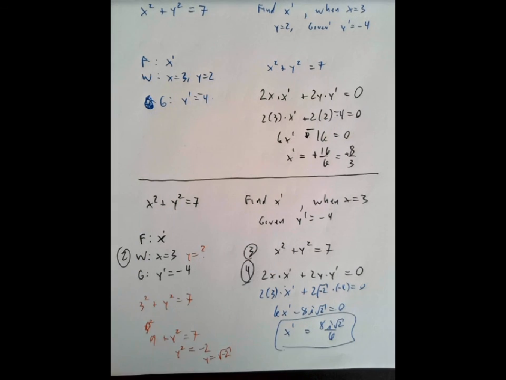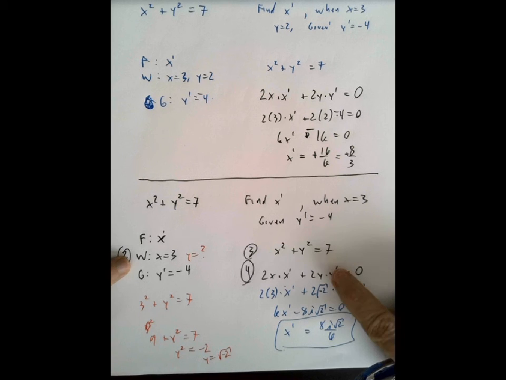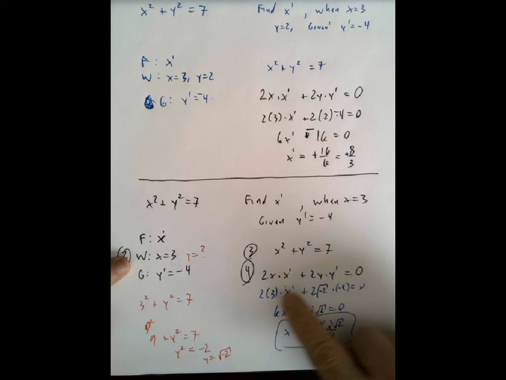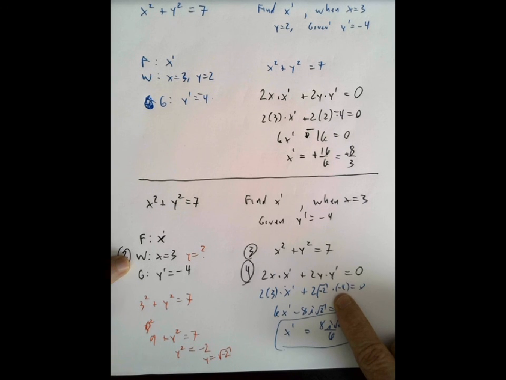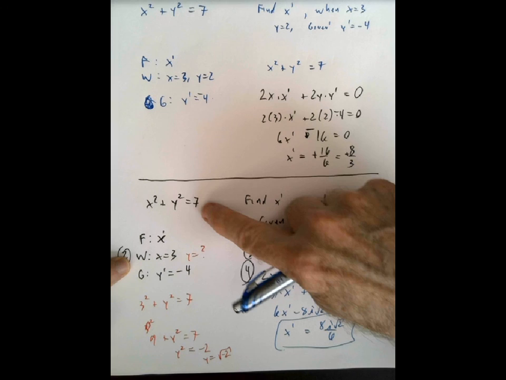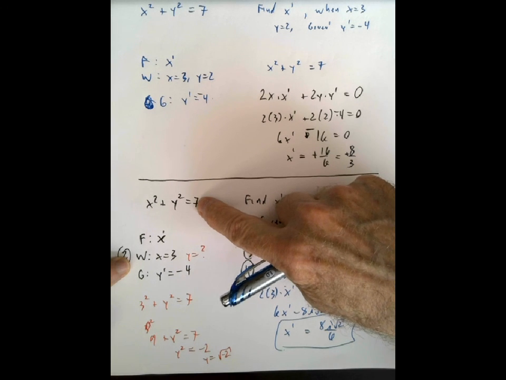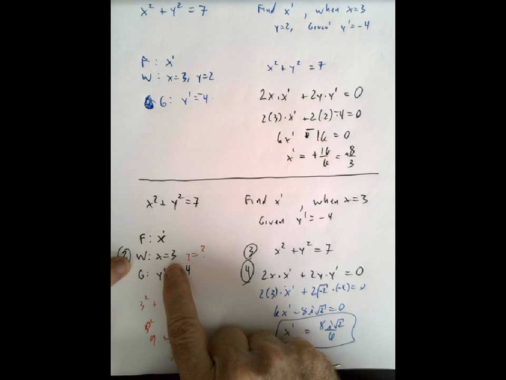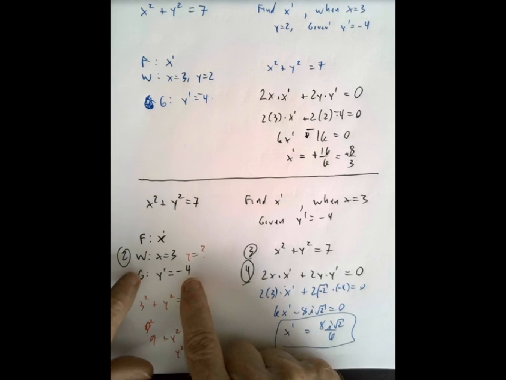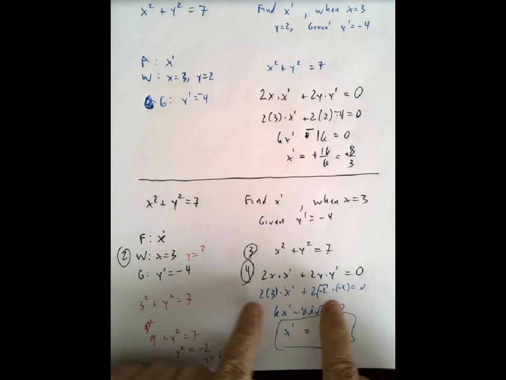The point is that sometimes in this step we're not given complete information to substitute everything. So what we'll have to do is, using the original equation, go back and solve for, in this case, what y would be when x is equal to 3, because we need 2 whens, not just 1.